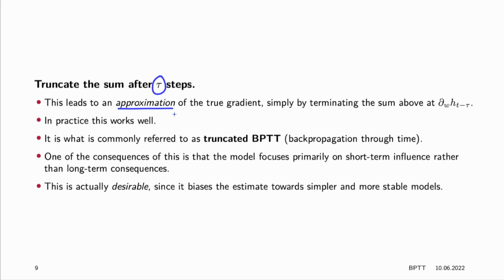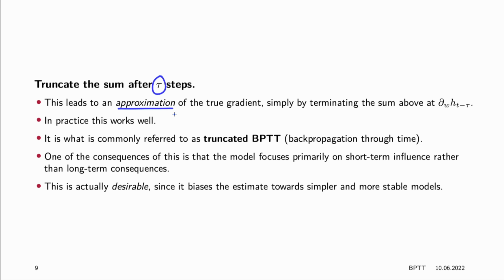An obvious alternative strategy, if you want to compute the derivative of h_t, is that we take the gradient, propagate it a little bit along the time, and then truncate after a fixed number tau of steps. So this leads to an approximation of the true gradient. So remember, the true gradient we get from the full computation.